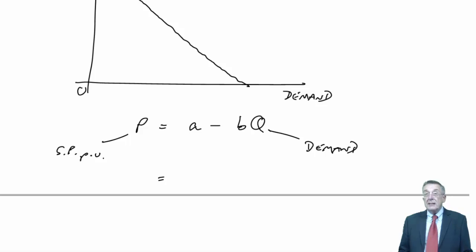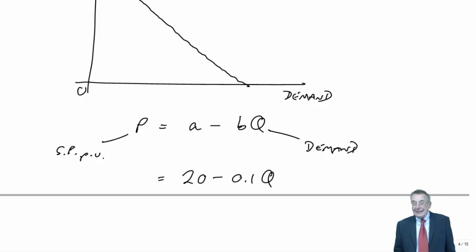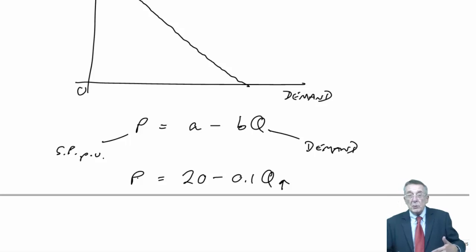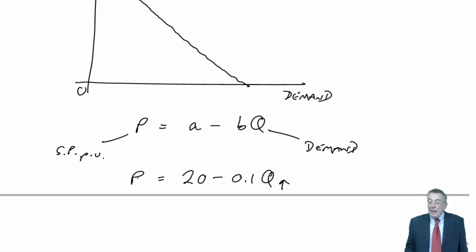I may get an equation of 20 - 0.1Q. What would happen is the higher Q gets, the higher the demand, the lower the selling price would be. That is a linear equation with no powers, with no Q squared, P squared or anything.